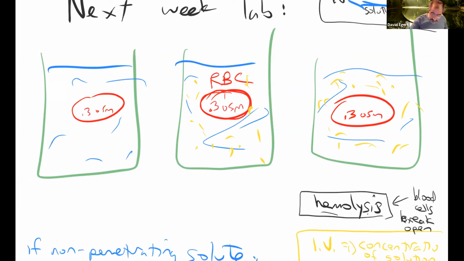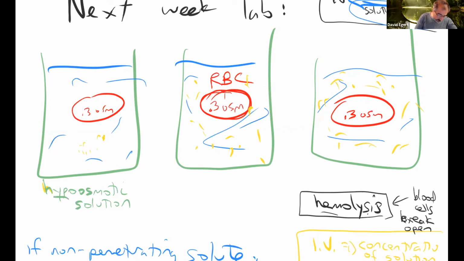And then we can talk about solution concentration. If the osmolarity is lower than 0.3 on the outside, I say it's hypotonic solution. Hypoosmotic solution. Hypo means less.